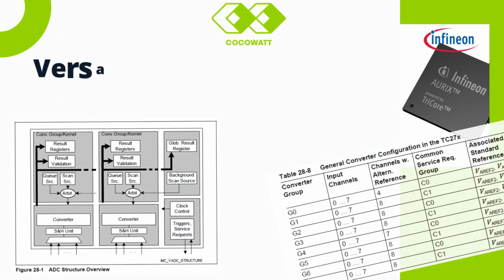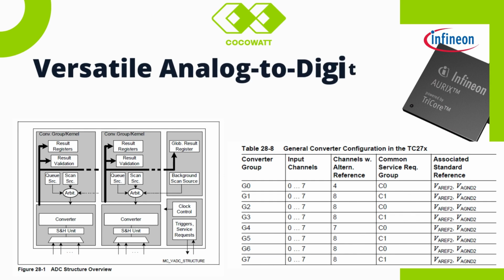The TC275 microcontroller includes a set of analog input channels connected to a group of analog to digital converters, or ADCs, that use the successive approximation register method to convert analog voltage into digital values. Each ADC within this cluster works independently with its own control registers and trigger sources.